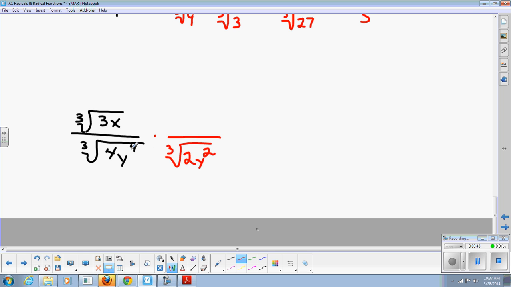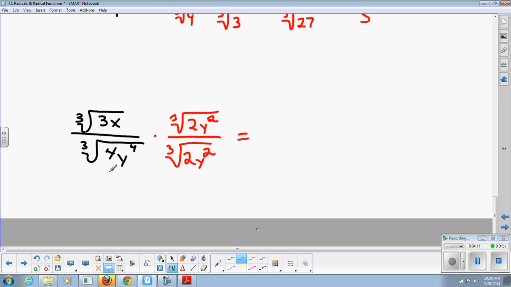So I'm looking for multiples of 3 for an exponent. If I put y squared, then I'm multiplying by the cube root of 2y squared to rationalize this denominator, and on the top I'm going to multiply by the cube root of 2y squared also. Okay, so next step. And if this doesn't make sense, come back again and talk to me.